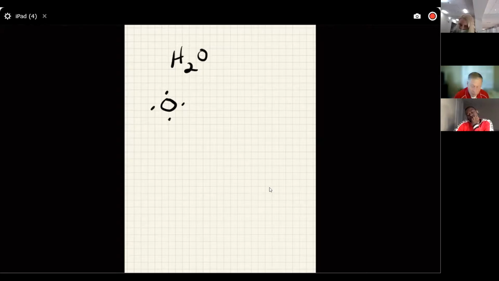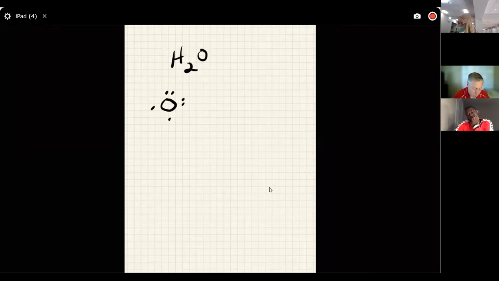And we need 2 more because the valence shell, oxygen is element 8. But remember, those inner 2 electrons are core electrons. We're only drawing the valence shell, the outermost shell of electrons. So we need 2 more here and 2 more here. Do you see how I paired those up? So I drew 4 electrons around, and then I start pairing them up. That's how you draw Lewis structures.